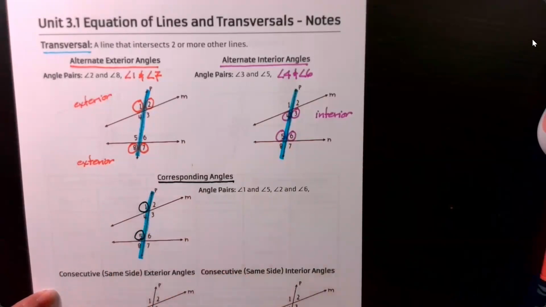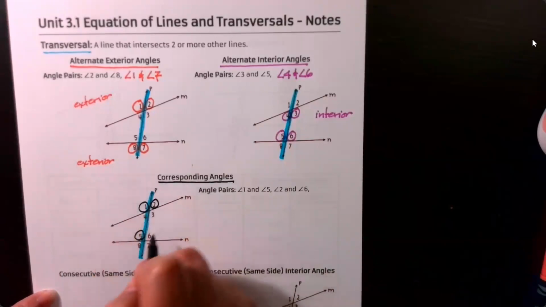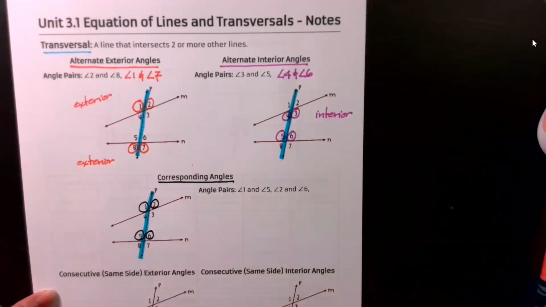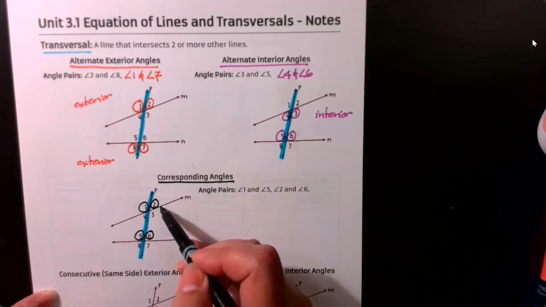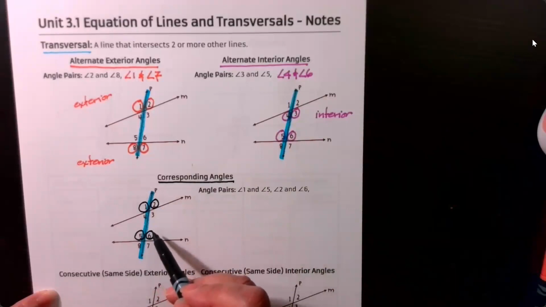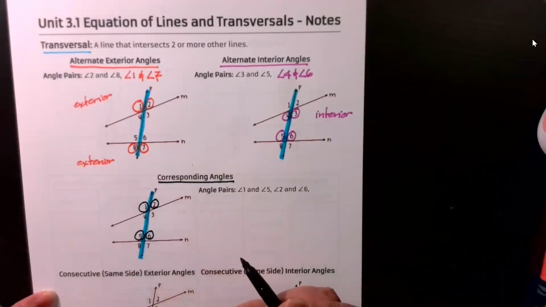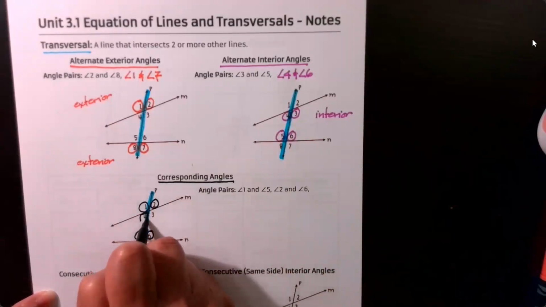Okay. If we look at 2 and 6, they're located in the upper right-hand corner of these groups of 4 angles. Notice that 2 is to the right of the transversal above line M, 6 is to the right of the transversal above line N. And we have 2 more angle pairs that are corresponding angles, and I'm going to use boxes to separate them.